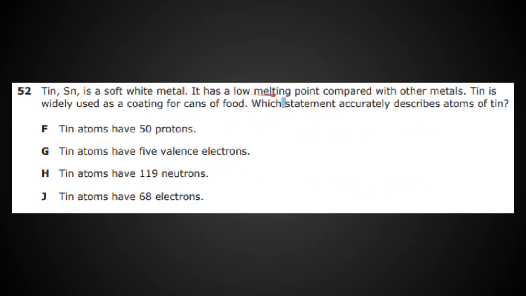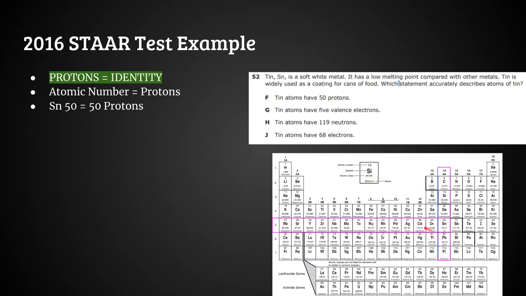A soft white metal has a low melting point compared with other metals. Tin is widely used as a coating for cans of food. Which statement accurately describes atoms of tin? Tin does have 50 protons.